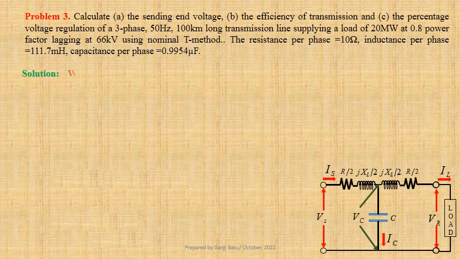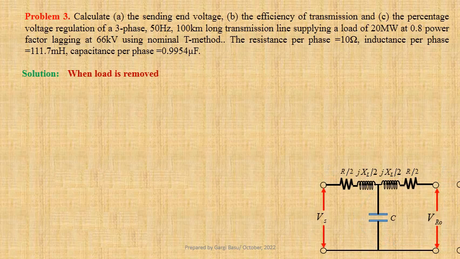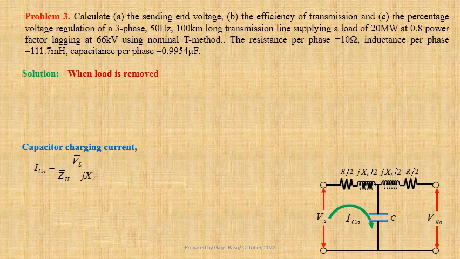Now we shall remove the load from the receiving end and calculate no load capacitor charging current. ICO equals to Vs divided by ZH minus jXC. We have obtained sending end voltage per phase Vs equals to 44,498 volts at an angle 6.3 degree.